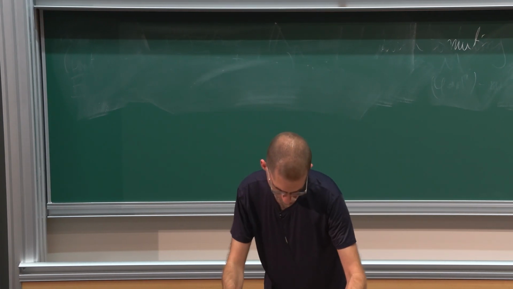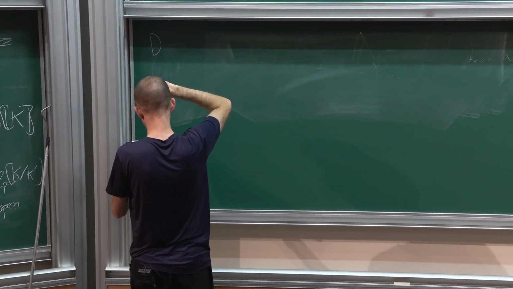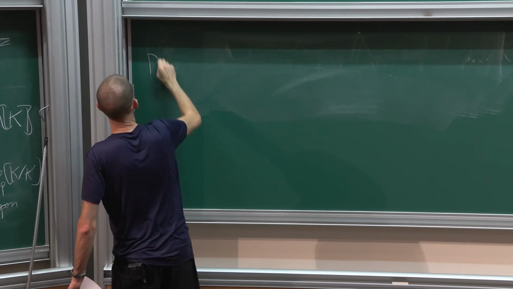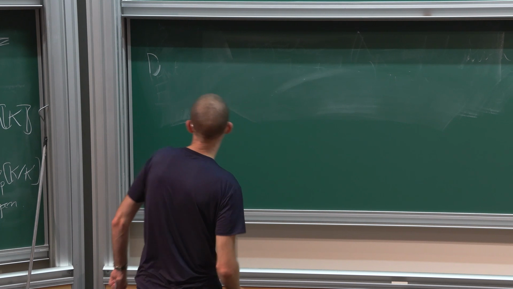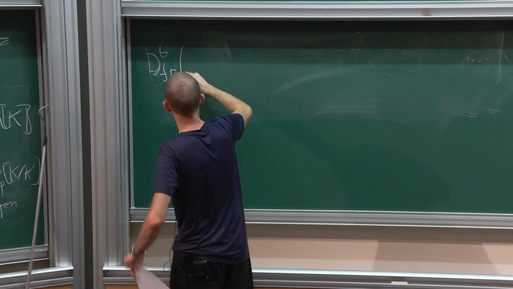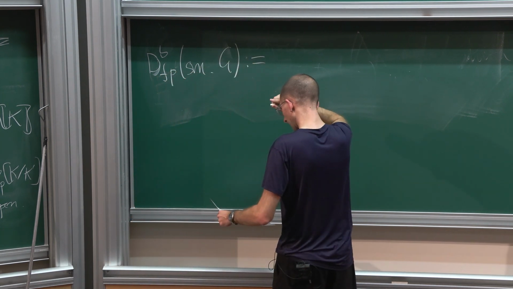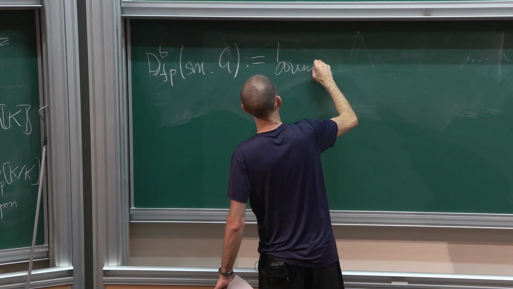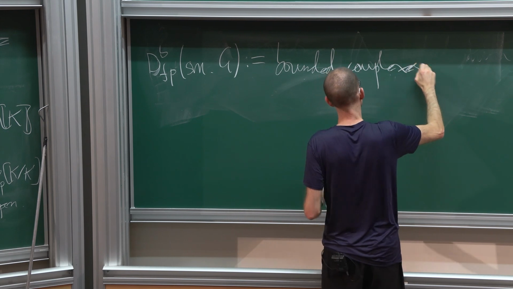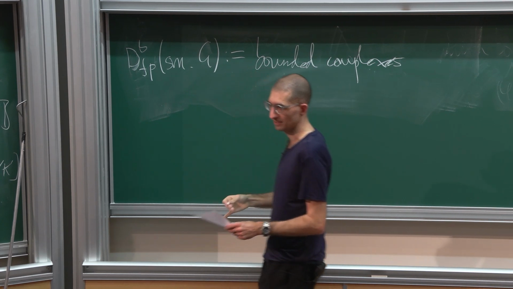Okay, so where was I? I'm almost ready to say the actual main conjecture of this thing. So let D be FP of smooth G, the category of bounded complexes. As the notation suggests, it's supposed to be some bounded derived category of finitely presented representations.